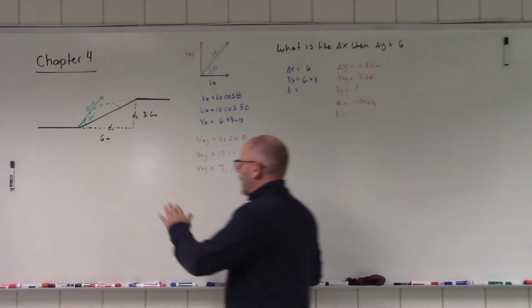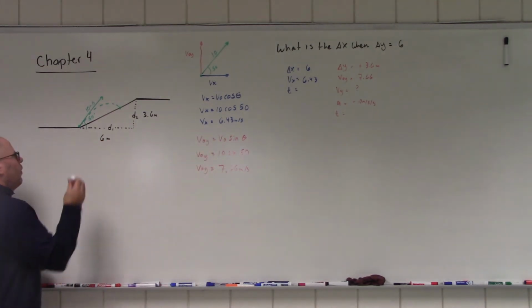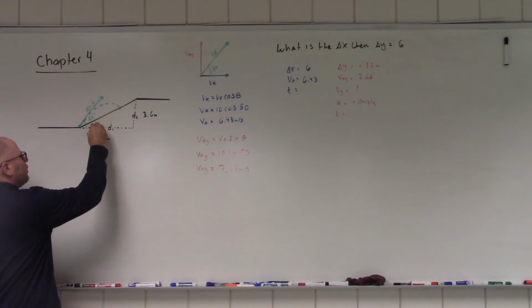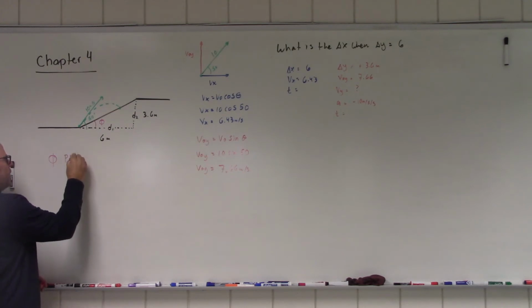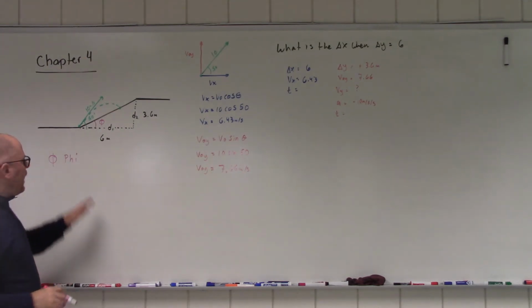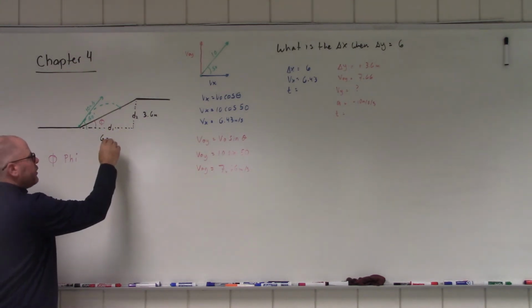So if I come over and I look at this problem here, what is this angle right here? We're going to call this angle phi, that Greek letter is phi, and how do I represent phi? So here's the opposite side, here's the adjacent side.